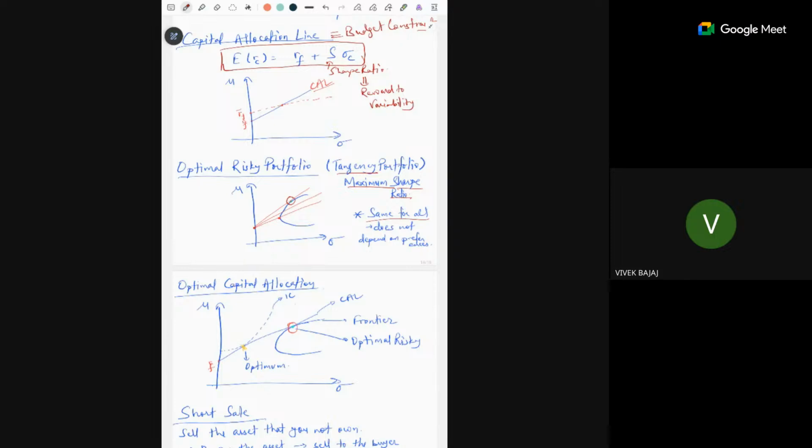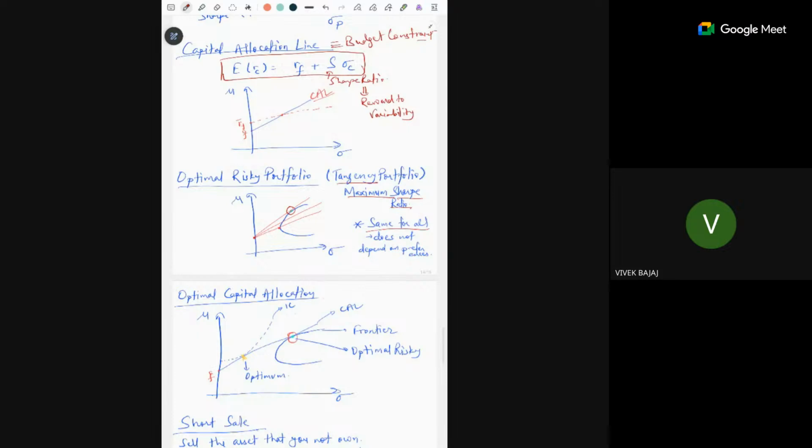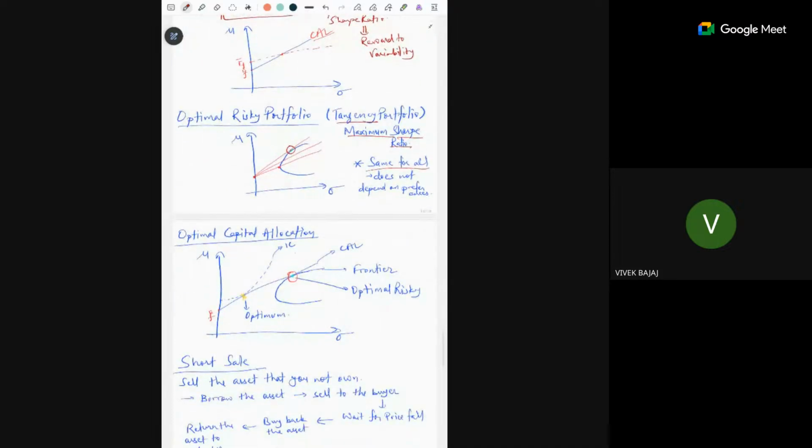Now once we have this optimal risky portfolio, all individuals have the same optimal risky portfolio, but they have different tastes for risk, so their risk aversion parameter will be different.